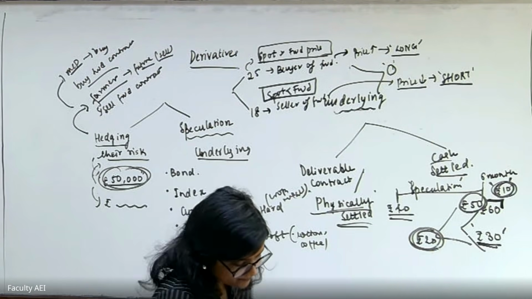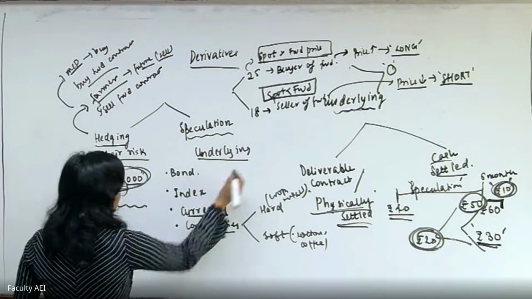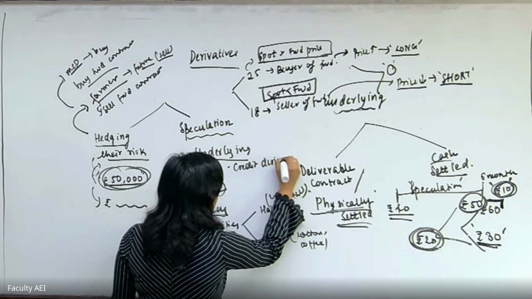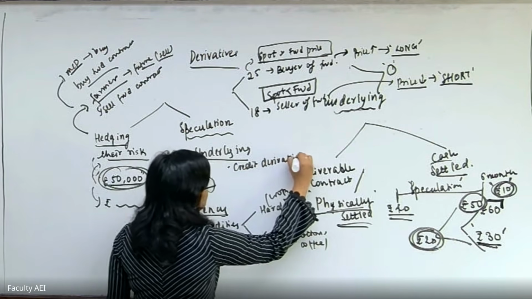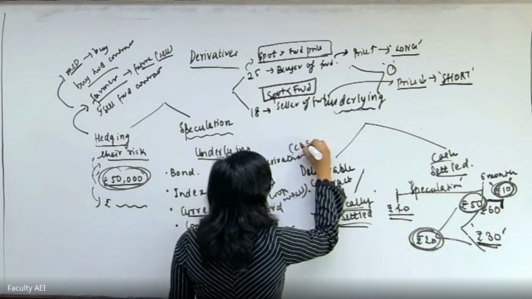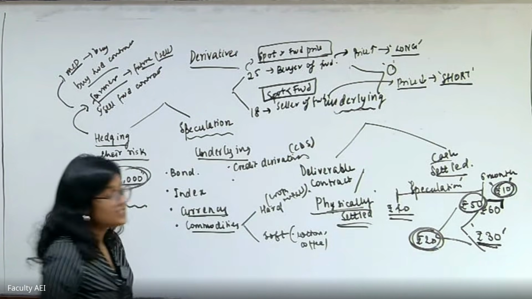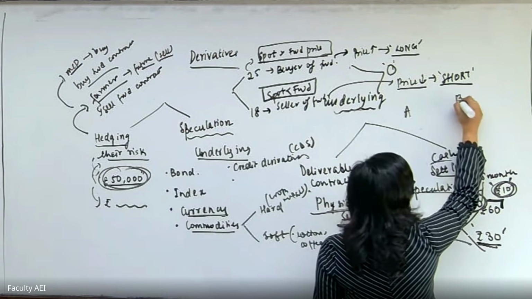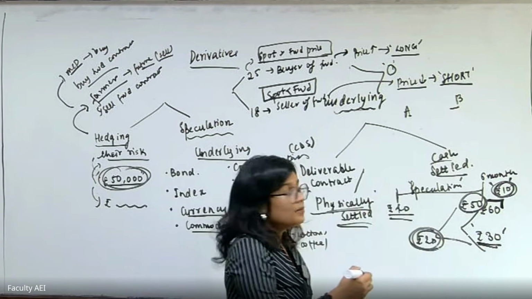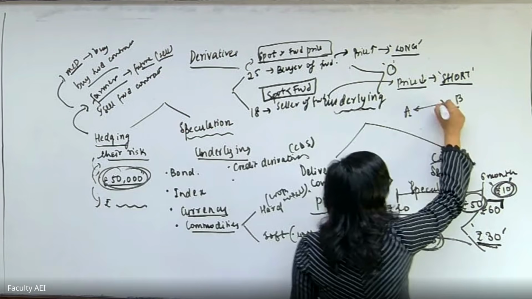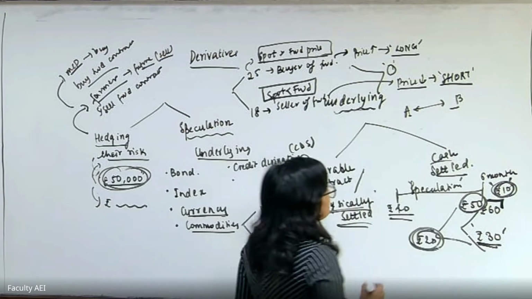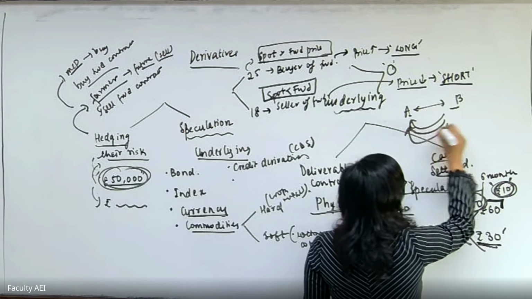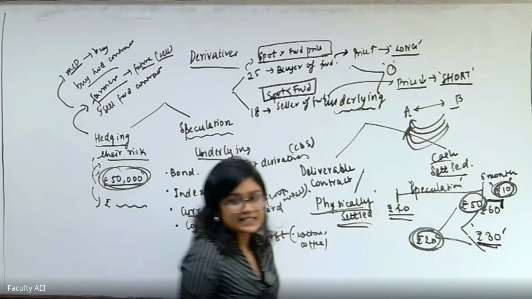After this, the underlying instrument can be credit derivatives, credit default swaps. That is, there's a person A and there's a person B. Person A and B have entered into a credit default swap. Person B would keep paying a certain amount to person A after every 6 months.